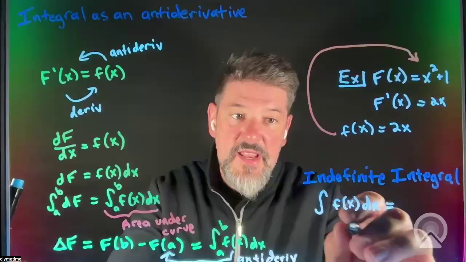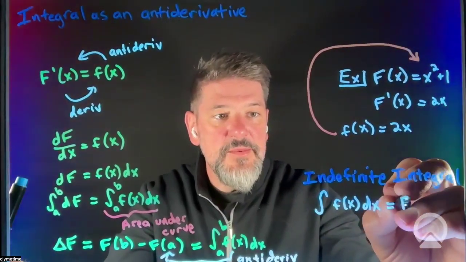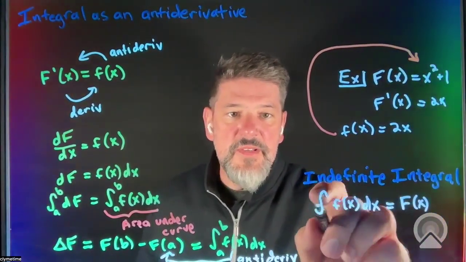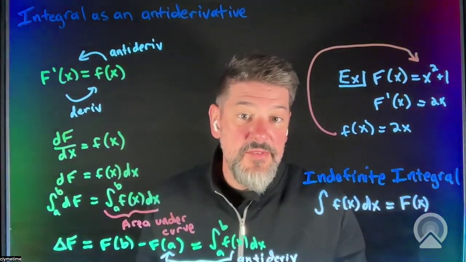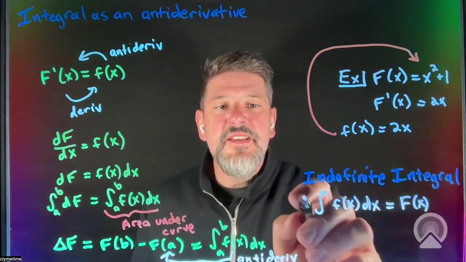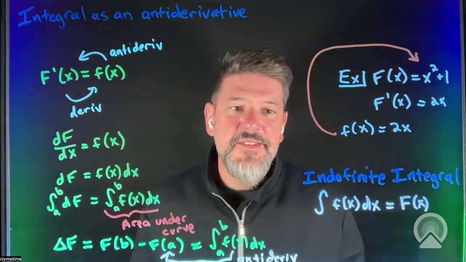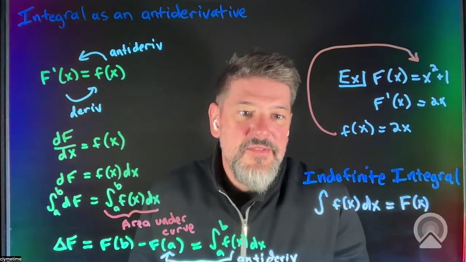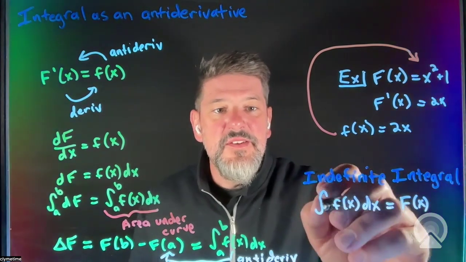We would find the antiderivative, so this would be capital F of x. Because we can't find the area underneath the curve, because there are no bounds. If there are no bounds, we can't find the area underneath the curve. So this is a similar notation to what we're used to. It's just that the area underneath the curve is not possible now because there are no bounds on it.